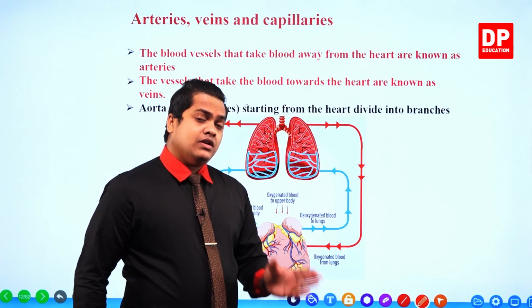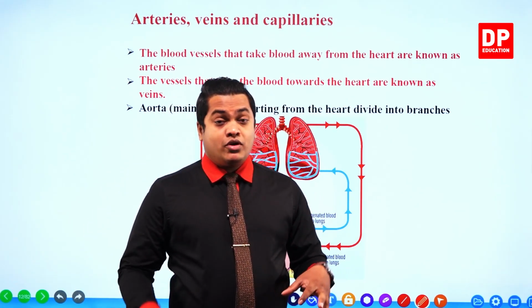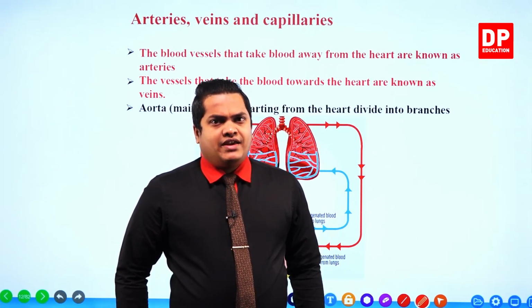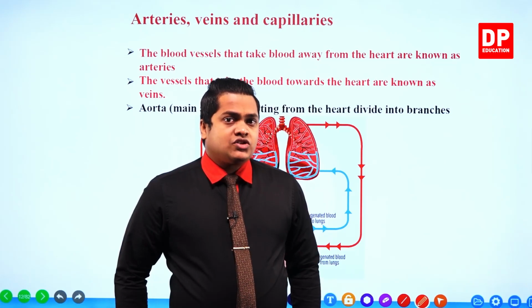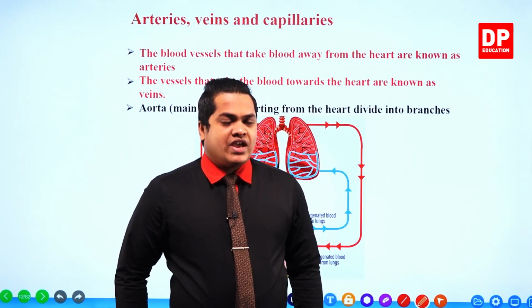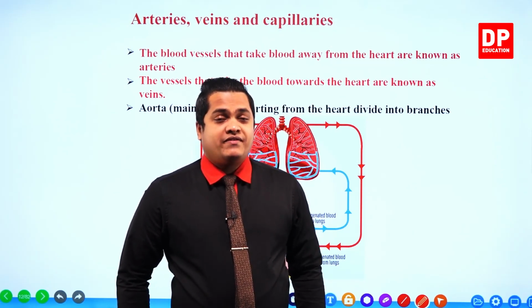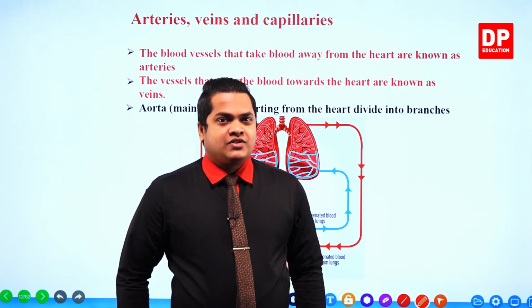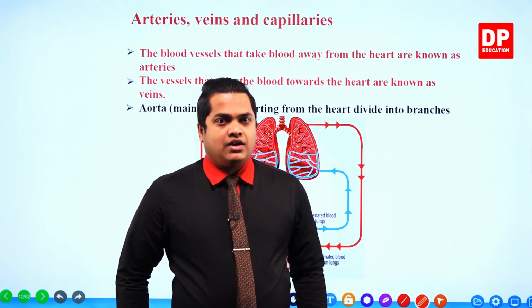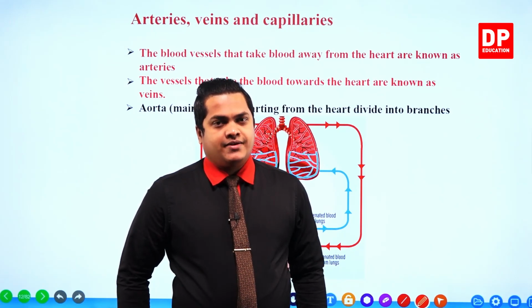However, the pulmonary vein carries oxygenated blood. Why is that? Because the pulmonary vein brings blood from the lungs towards the heart. That means it should have oxygen. So the pulmonary veins carry oxygenated blood and are normally colored red. However, all the other veins are in blue color due to having deoxygenated blood.